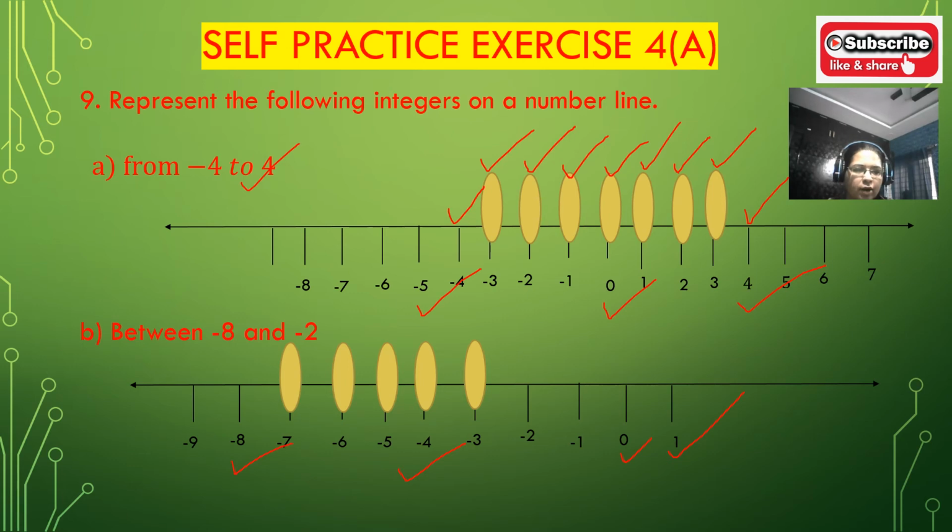Then find out the integers between minus 8 and minus 2. This is minus 8 and this is minus 2. And between minus 8 and minus 2, represent the integers on the number line. Between minus 8 and minus 2 the integers are minus 7, minus 6, minus 5, minus 4 and minus 3.